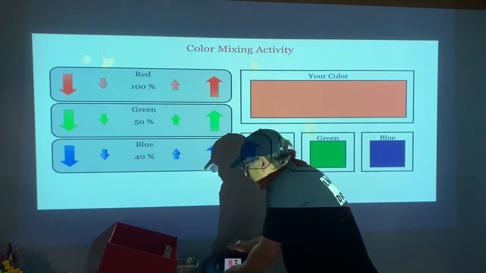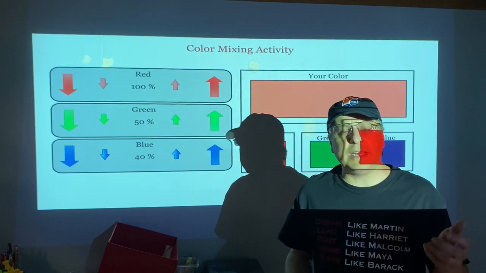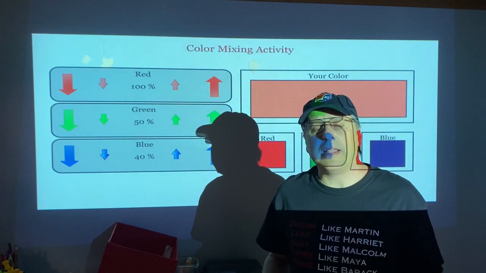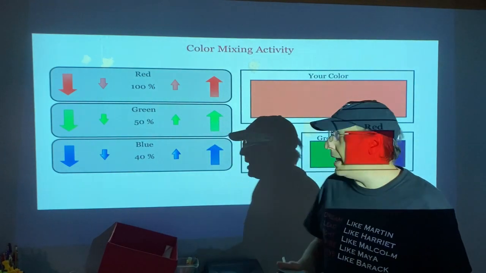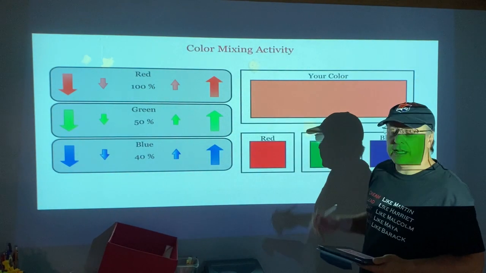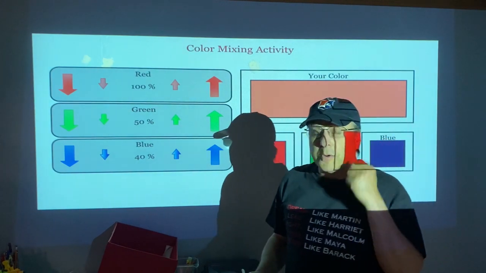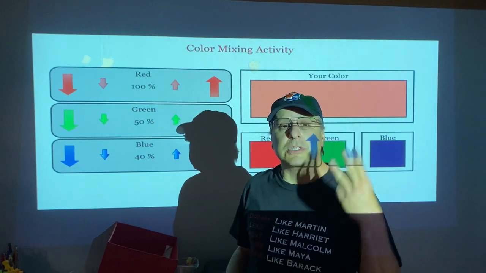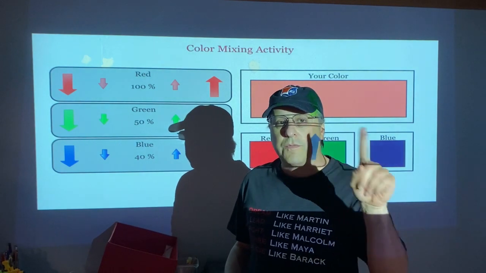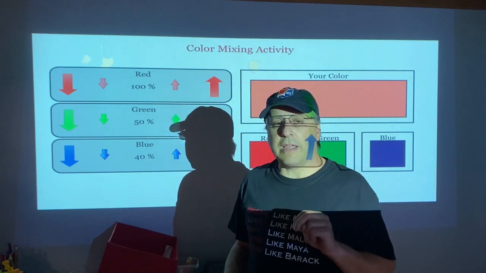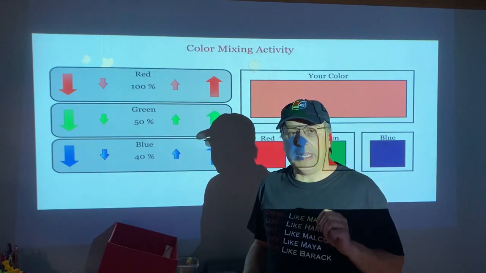I don't want to give away too much more because the activity today is going to ask you to figure out how to produce all the different kinds of light, based on the red, the green, and the blue. But again, remember, red, green, and blue, why are there three? Because there's three kinds of cones on our retina. One for low frequency, one for high frequency, and one for medium.